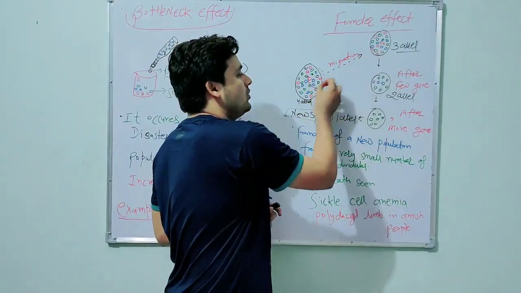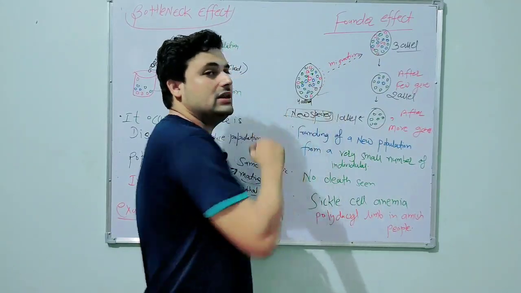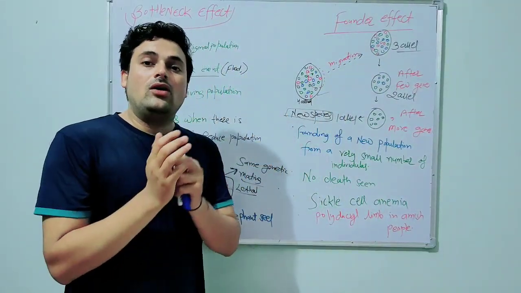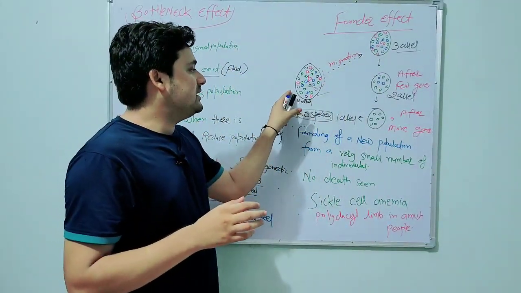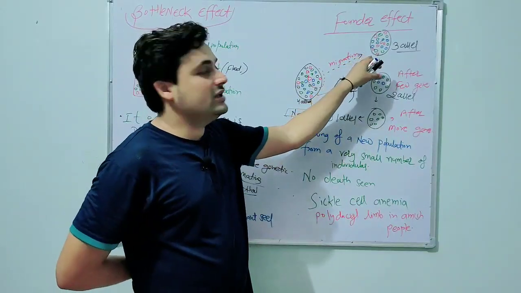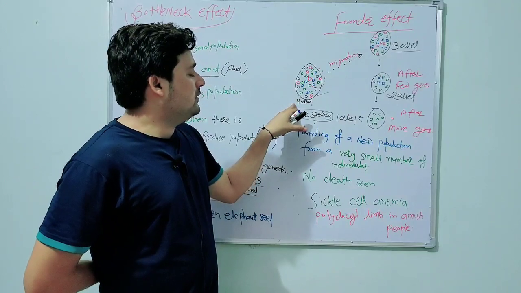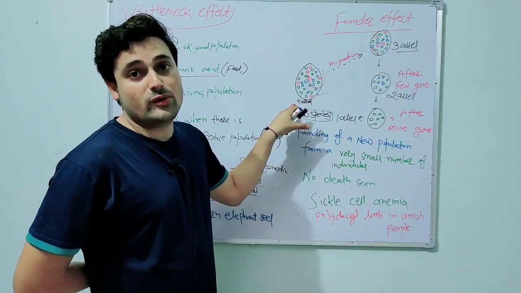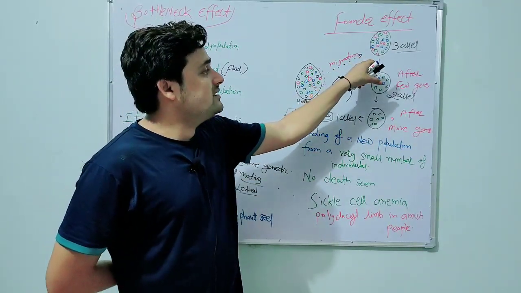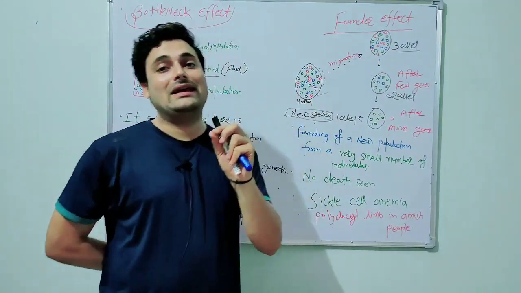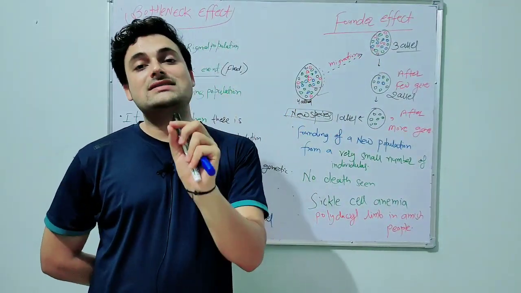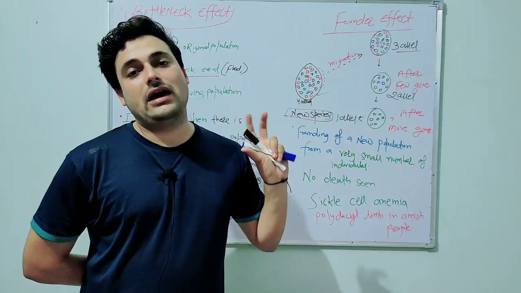Now they will not mate with the original population. If any allele is present here and it does not reach there, that allele will be lost. There are 4 alleles in the original population, while the migrating population has only 3 alleles. So you can say 1 allele has been lost.